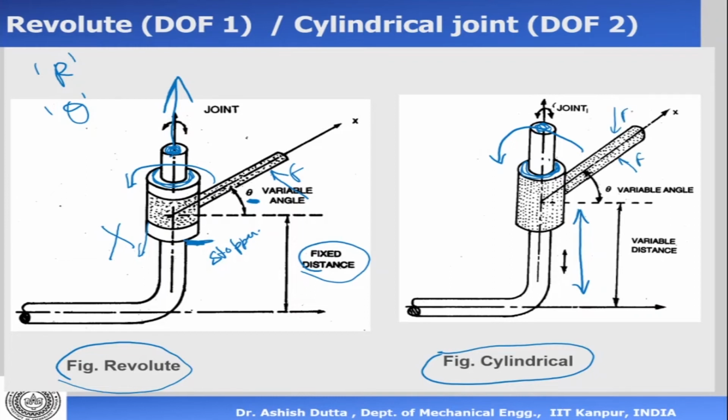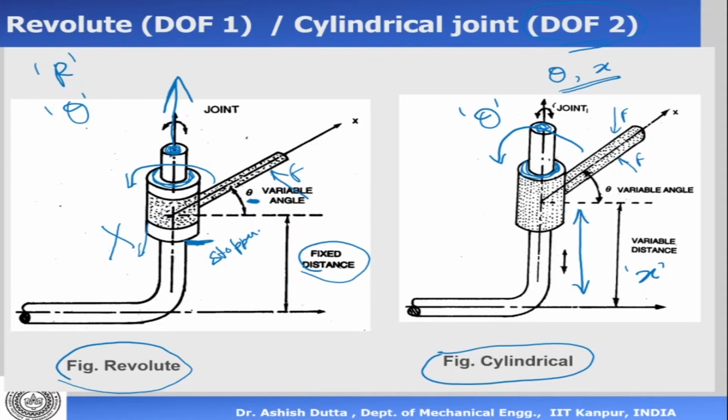If I give a force in that direction, it will go down or come up. Now in this case there are two variables: theta, which can change, and the distance x, which can change. So this has 2 degrees of freedom, theta and x. It's called a cylindrical joint.